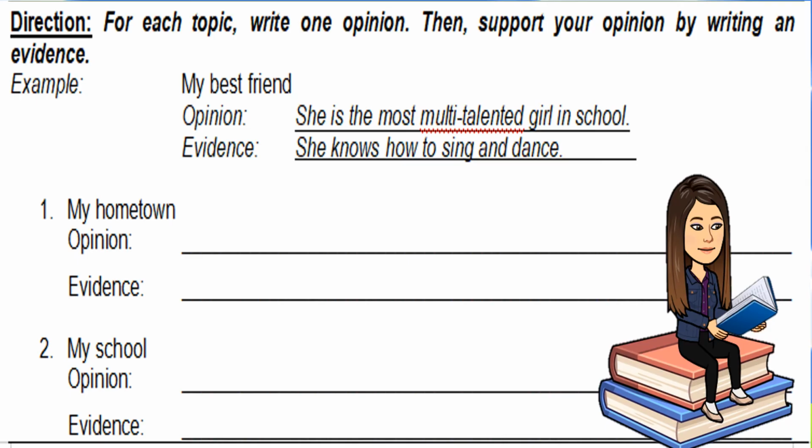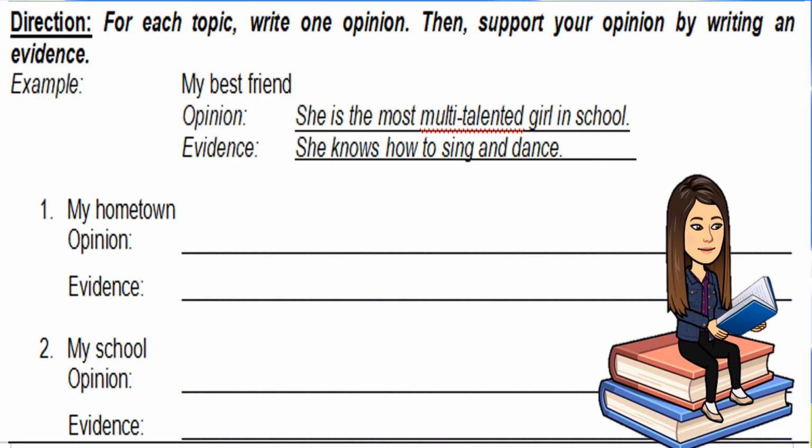You say that my hometown is beautiful and environment friendly. For your evidence, you can say that my hometown has many trees and rivers and beautiful beaches. Okay, so that can be an evidence.